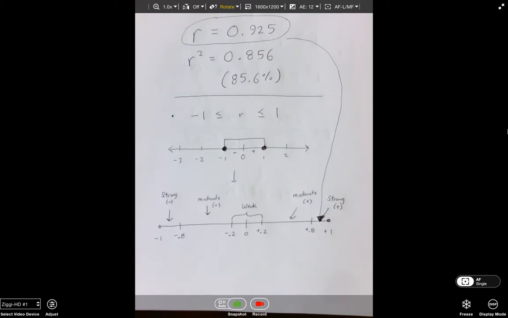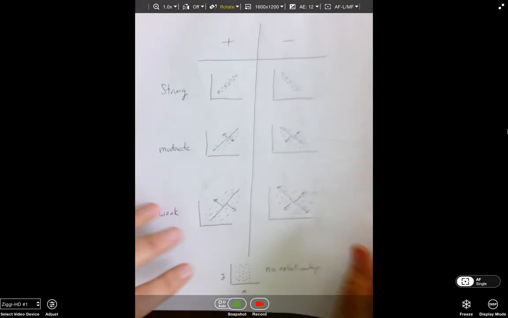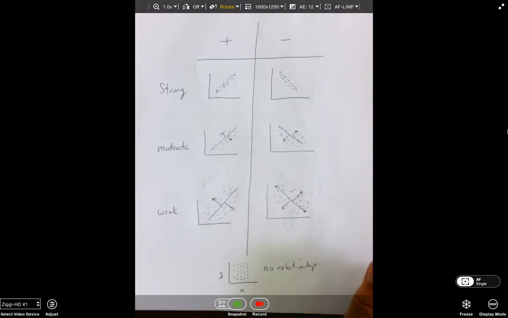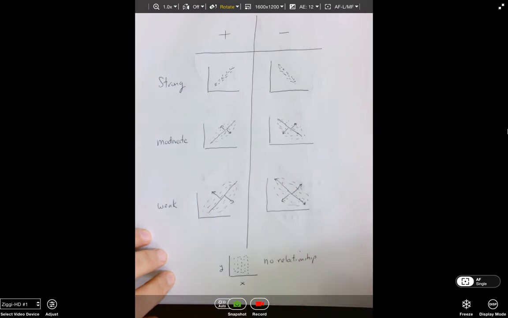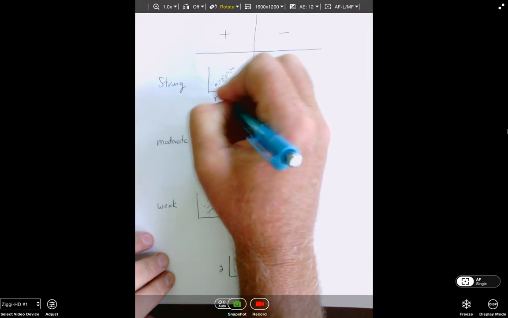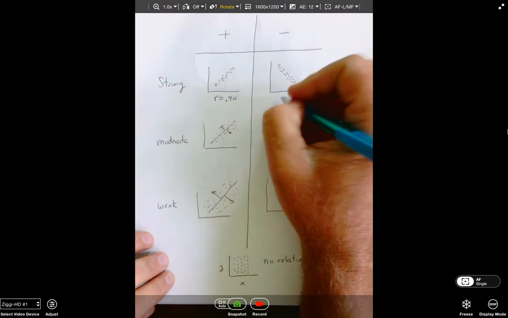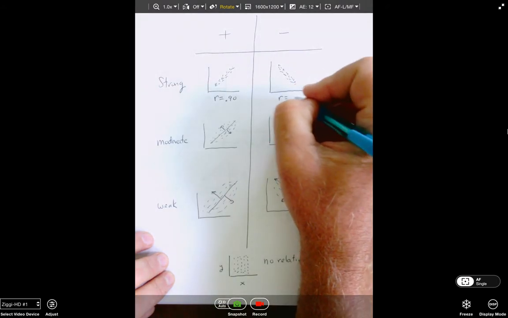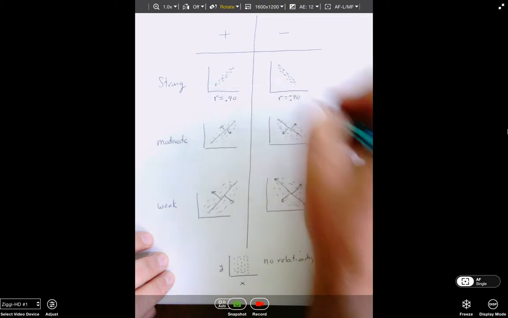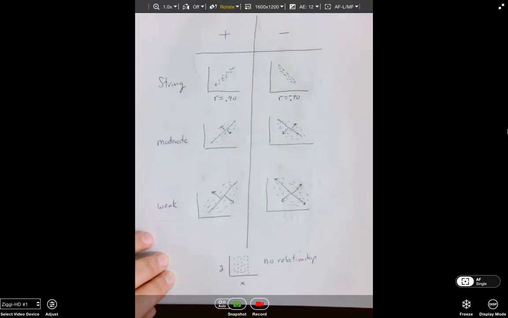Now, let's go back to those scatter plots and talk about them a little bit more. What kind of R values would we get with these scatter plots? Well, this would be about a 0.90. This would be a -0.90.